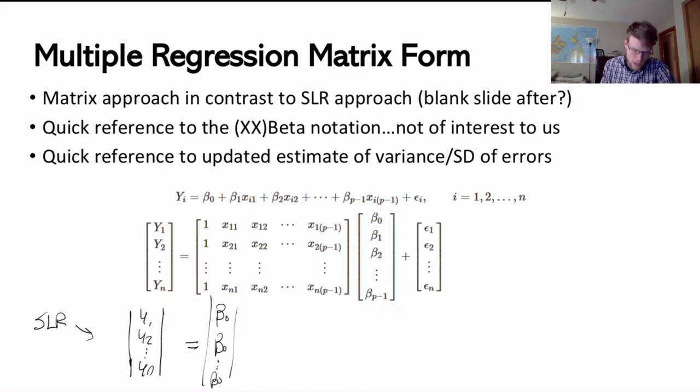So each y value is represented as beta naught plus a vector of x values times beta 1, so x1, x2 to xn times beta 1, plus, again, a vector of epsilons.